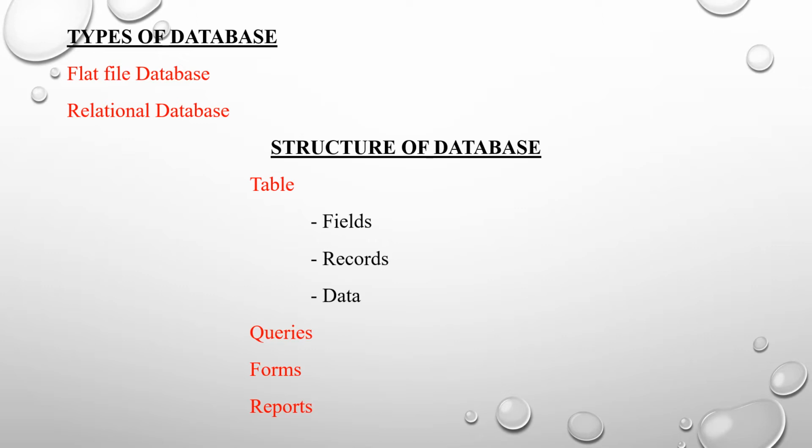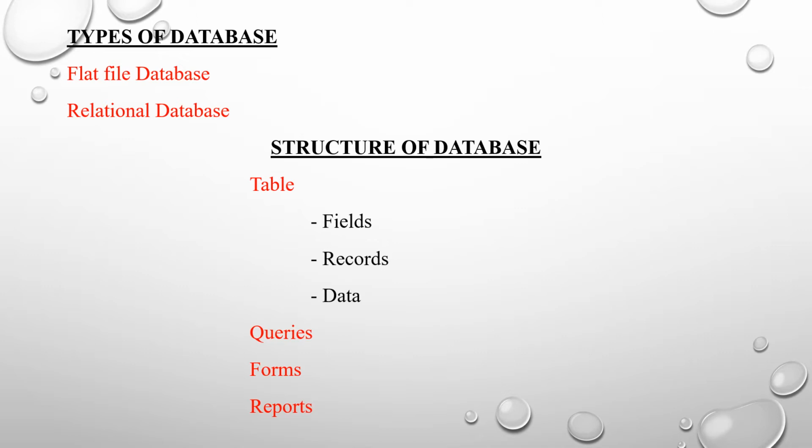Now let's see the types of database. There are mainly two types of database: flat file database and relational database. A flat file database refers to a data file that contains records which have a small fixed number of fields without any structural relationship.